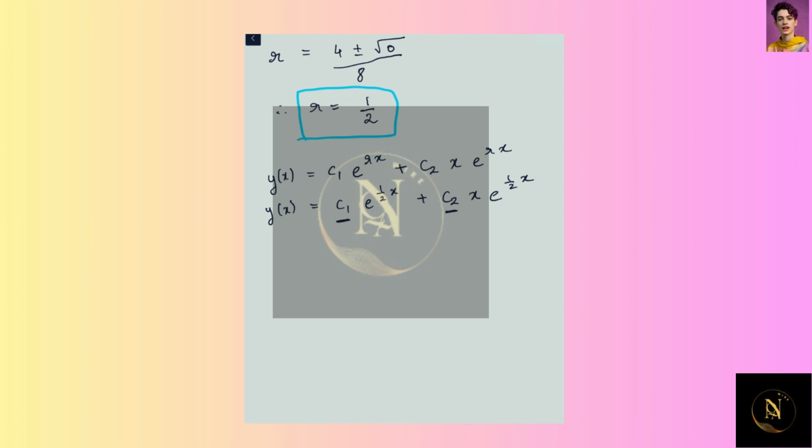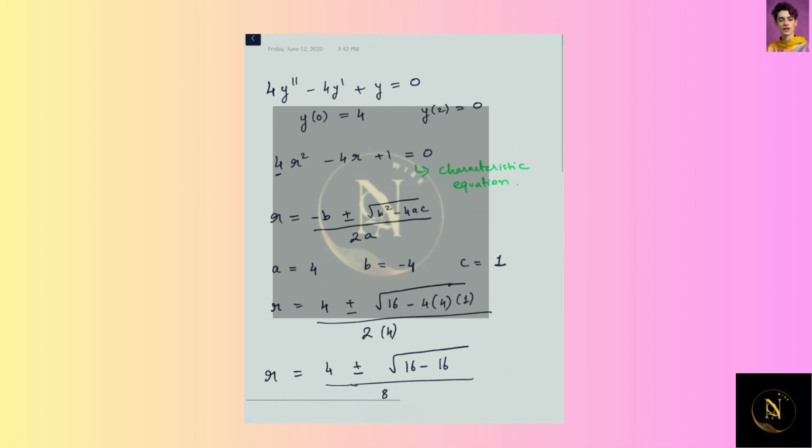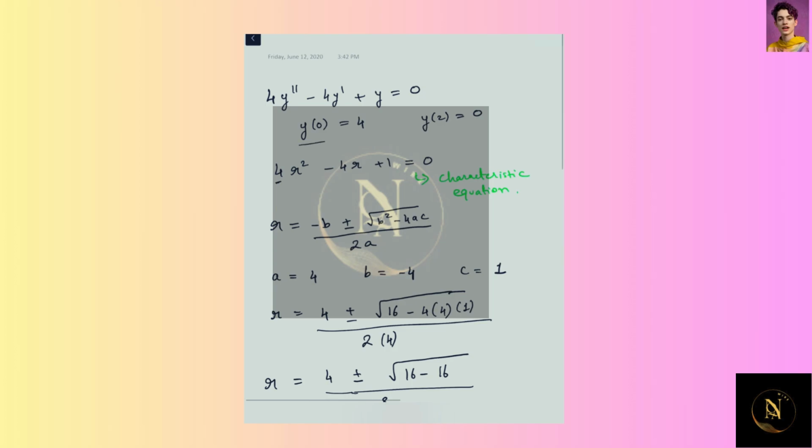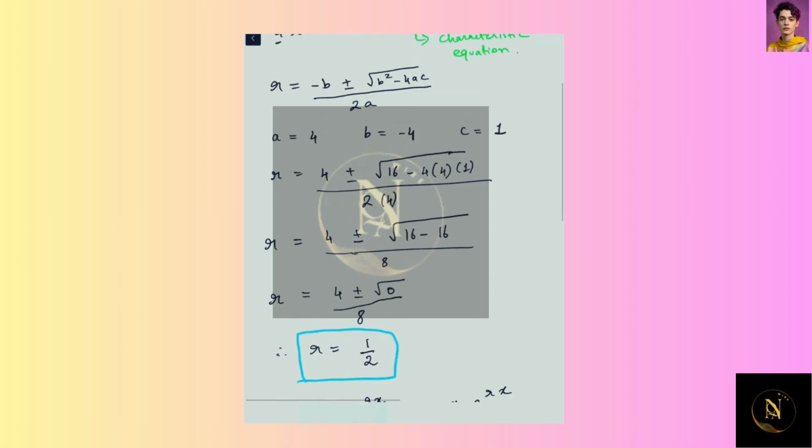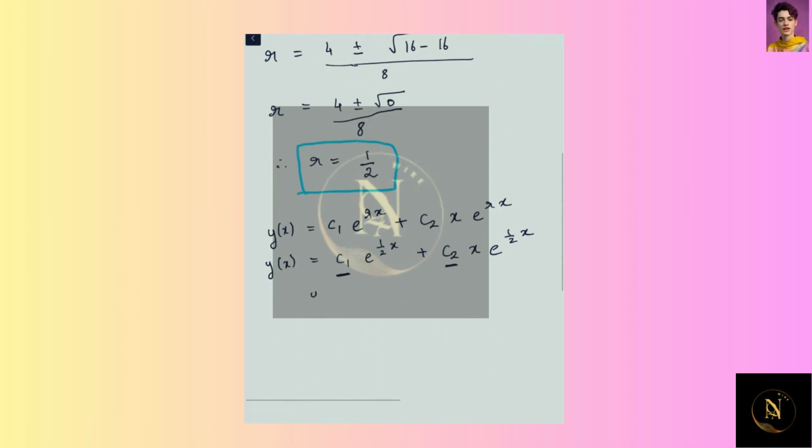We can do that by using the boundary values. The boundary values were right here: y(0) is 4 and y(2) is 0.